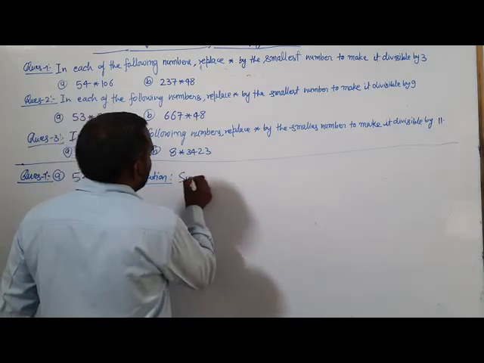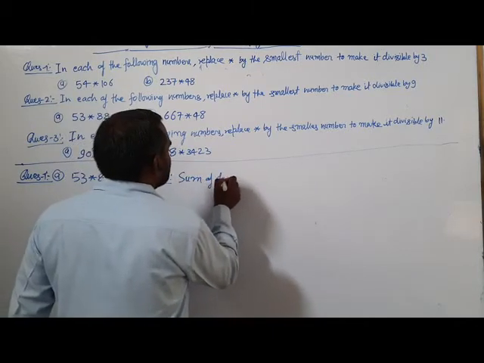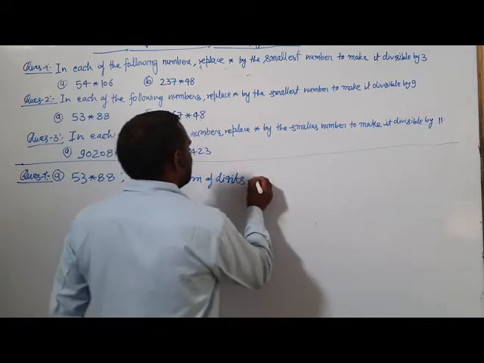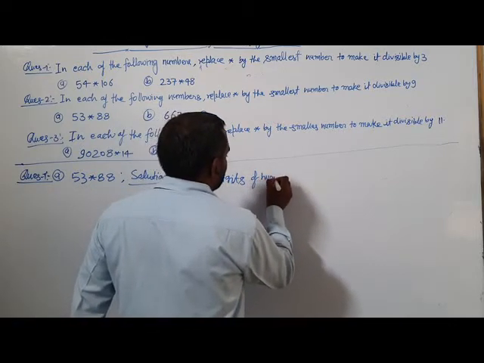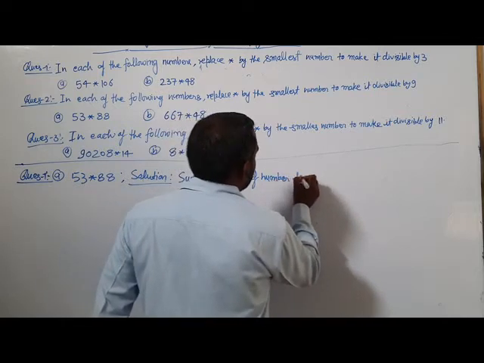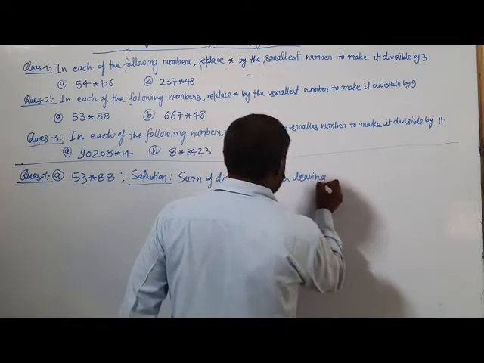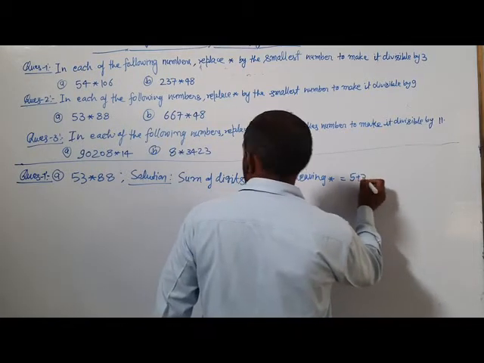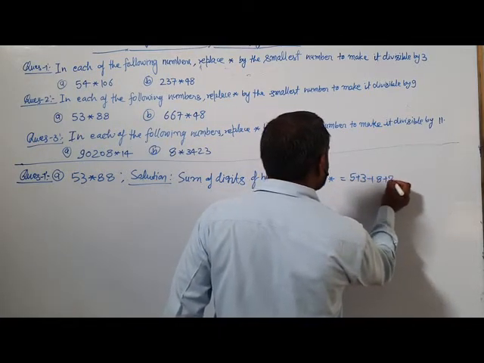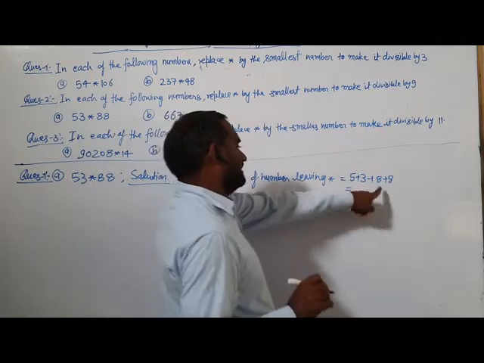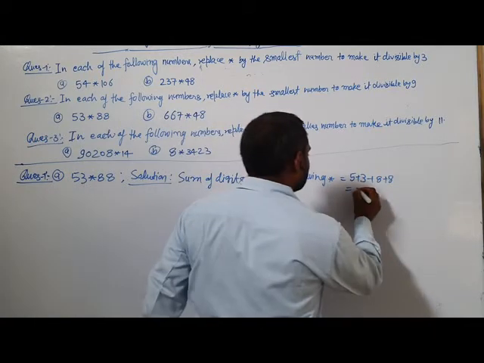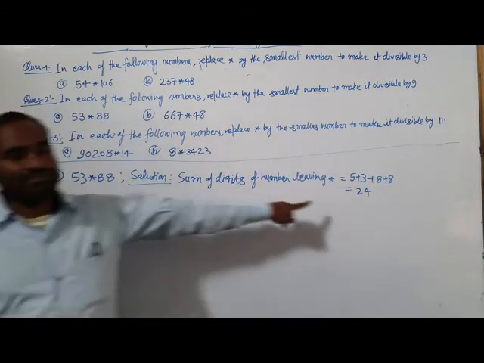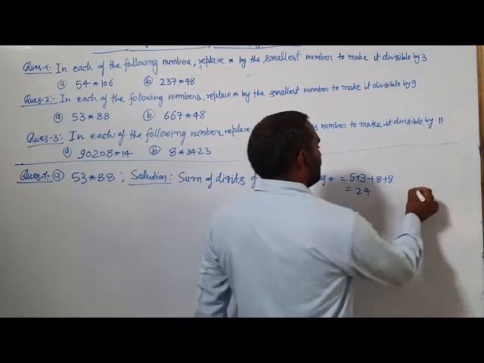Sum of digits of the number leaving star is equal to 5 plus 3 plus 8 plus 8, which is 24. 24 is not divisible by 9.